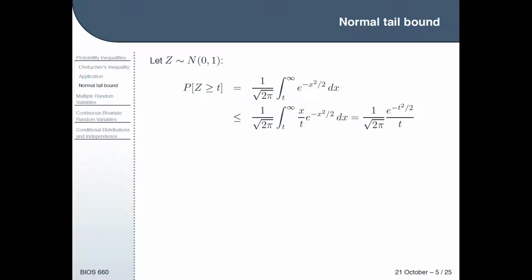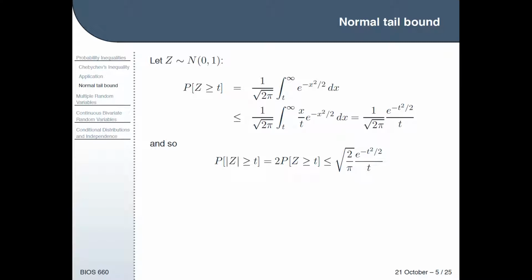So that integral is going to be bounded by this integral, and the reason that we use that particular bounding integral is because when we write it in that form, it actually has a nice antiderivative. Taking the antiderivative and evaluating the limits, we end up with 1 over the square root of 2 pi times e to the minus t squared over 2 divided by t.